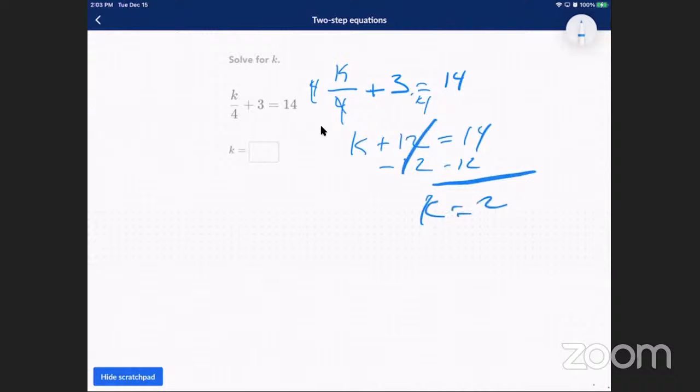So now if we try to plug 2 back in to check, you would have 2 over 4 plus 3 equals 14. Okay, and then this would basically say, I think that's k which is 12.